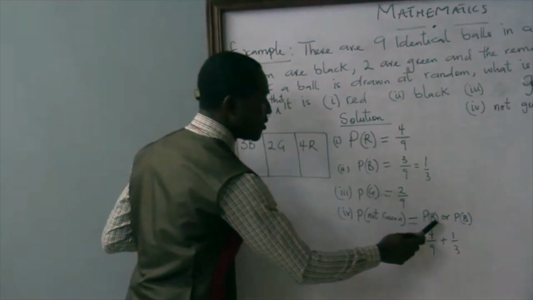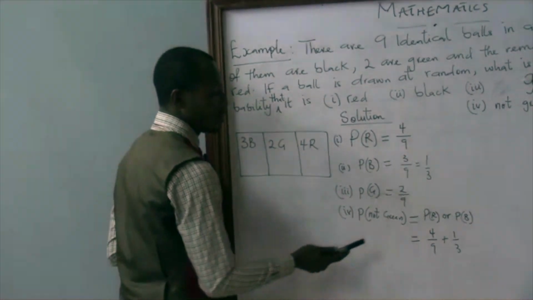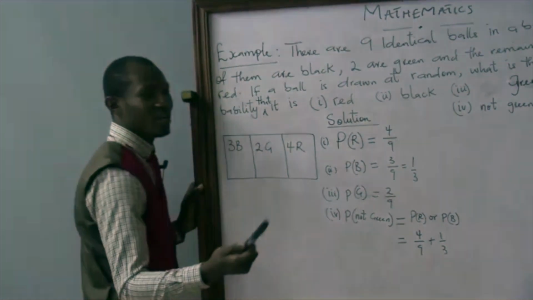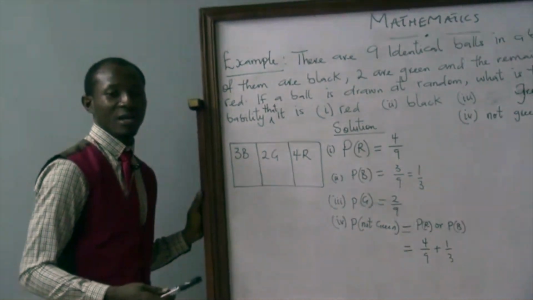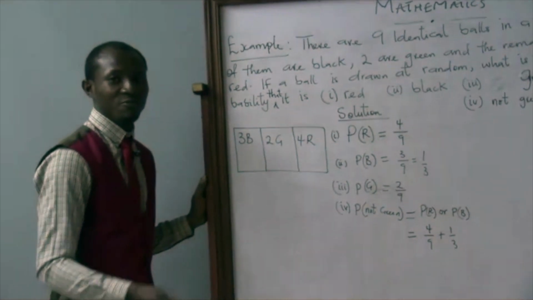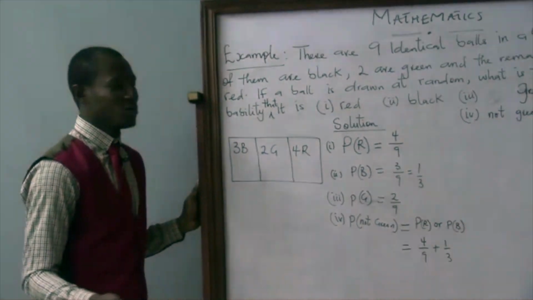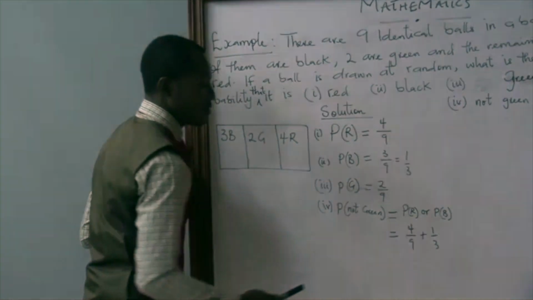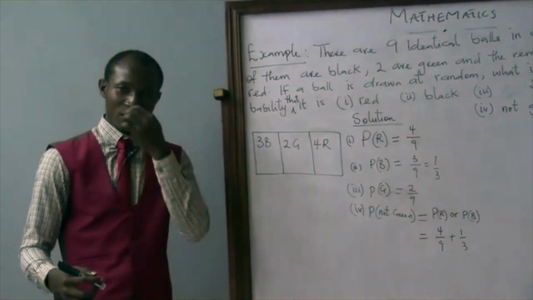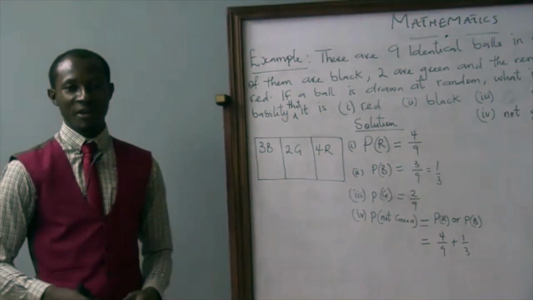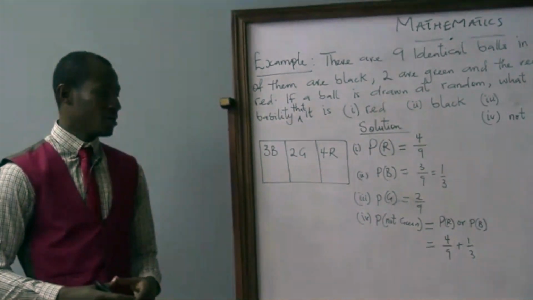The probability of picking a red ball we have done earlier. Anywhere we see or, either, neither, they are talking about mutually exclusive events. Either this or that, because if this is happening, the other will not happen. So we add them together. And when it is and, that is when the two events can occur at the same time, they are independent events, so we multiply them together.